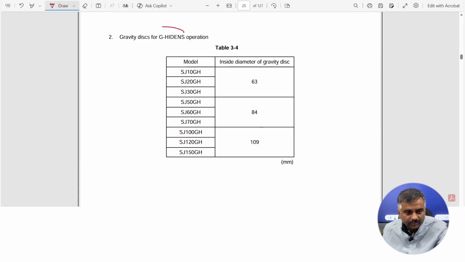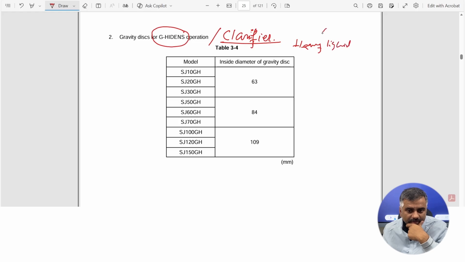Especially for the GSH series, or Gayden's principle series, it is like a clarifier, working like a purifier clarifier. There is no heavy liquid outlet in this, due to which the gravity disk diameters are set.